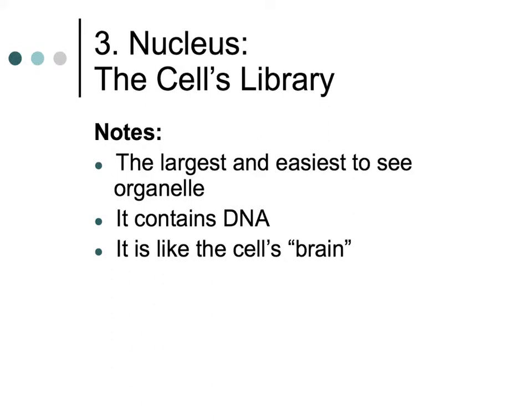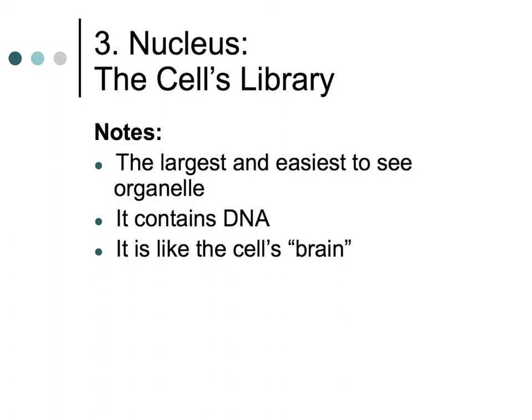All right, moving on. The nucleus. The nucleus is the cell's library. And what does a library have in it? And what do books have in them? Information, I heard. What else do they have? Letters. Yeah, letters. Yes, the nucleus definitely has all those.